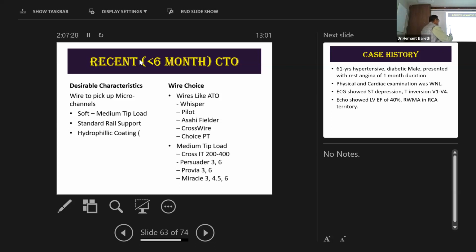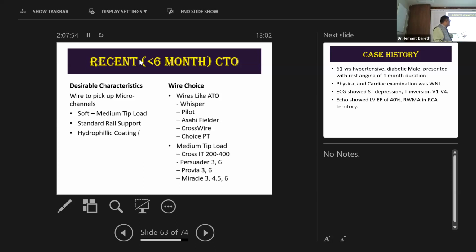So you require something like medium tip load, standard support, and a hydrophilic coating. So again, the wires can be the same: Whisper, Pilot. There was another very interesting wire, the Thermo Cross wire, which is now not available. But Fielder FC wire can again be used here because it can pick up micro channels.